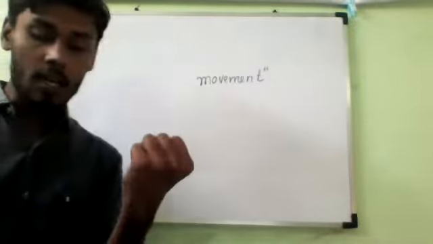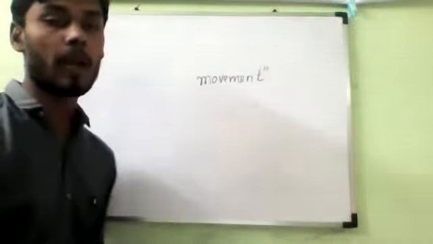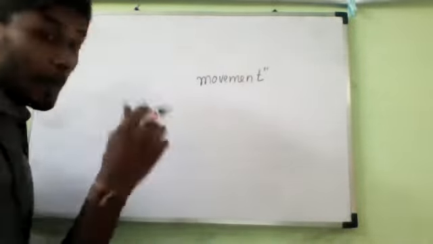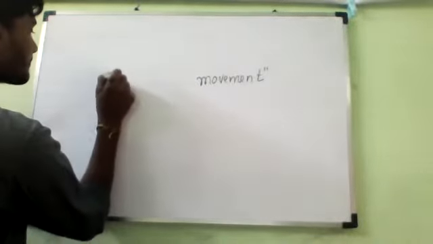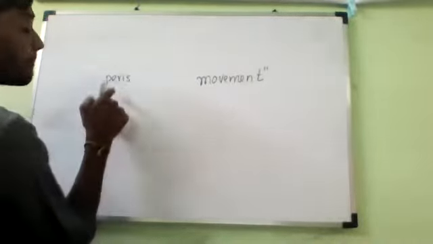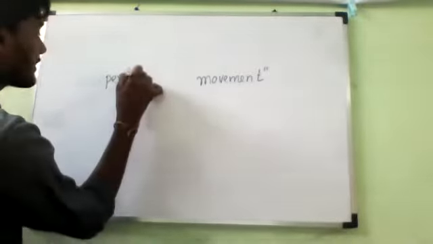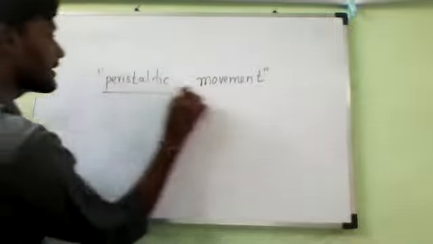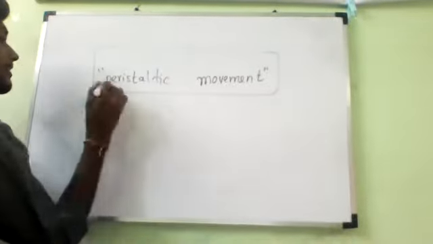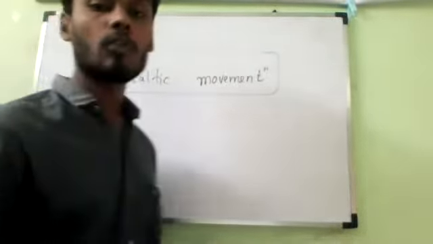The movement of the contraction and expansion of the food pipe, we call it peristaltic movement. What should we call it? Peristaltic movement. So this movement is only the contraction and expansion of the food pipe.